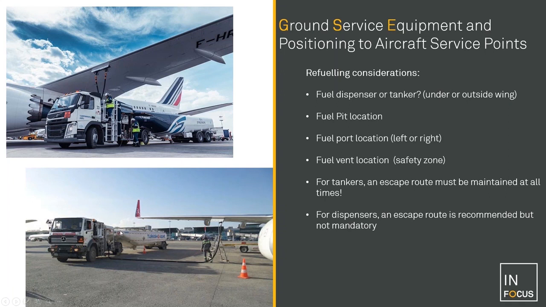So this is what you would normally find for a 737, because the height is simply not there to be able to get the truck safely below. And the top picture there shows a wider body, a 787 probably, because they are only serviceable then on the left side.